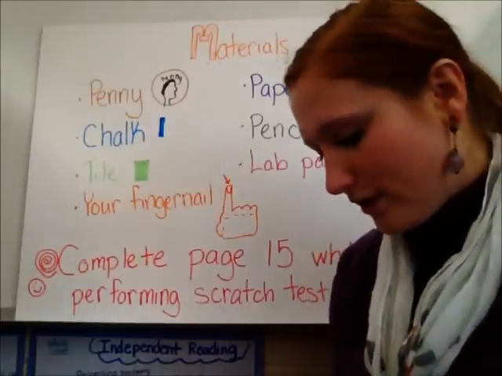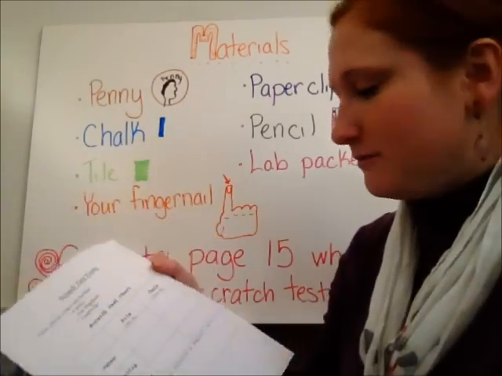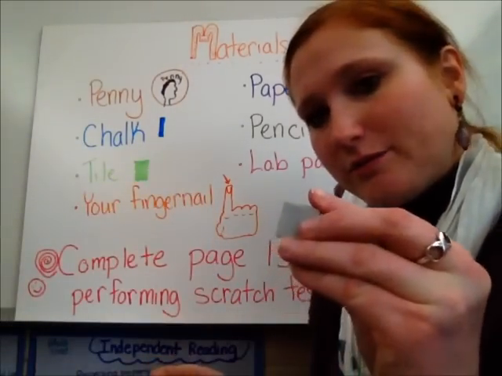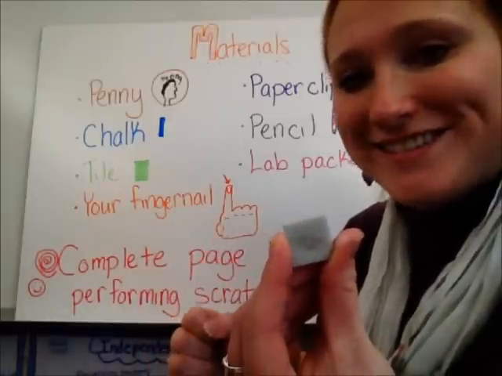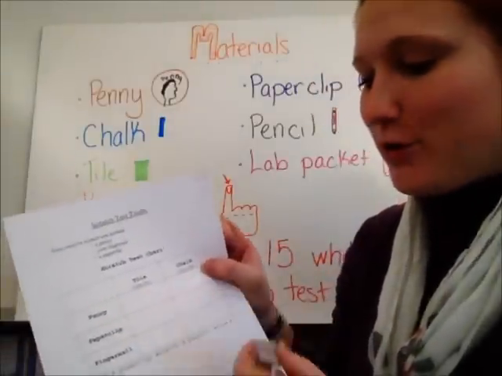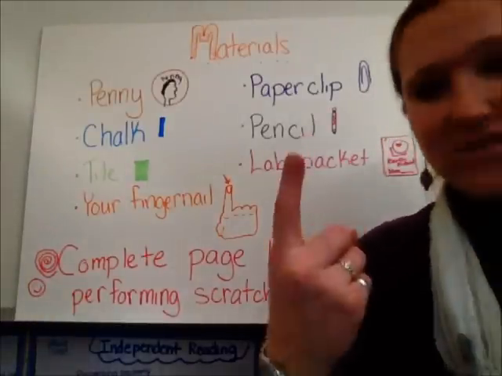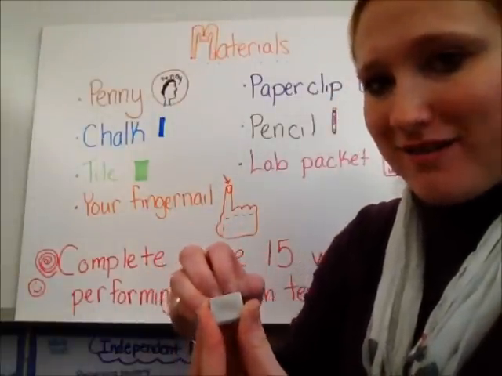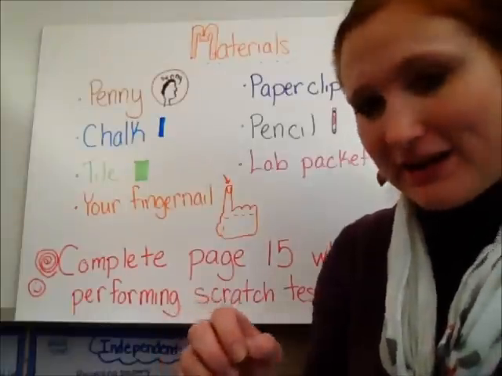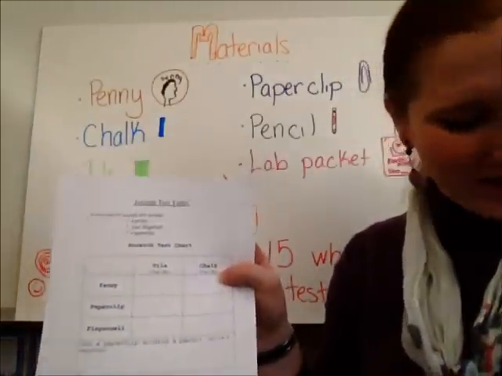So I would record between paper clip and chalk, yes or no. And then I do paper clip and tile. And then you record. And then you are going to use your fingernail with the tile and with the chalk.